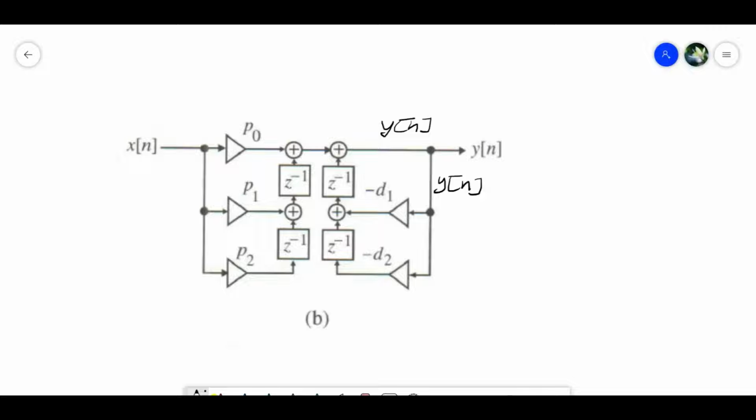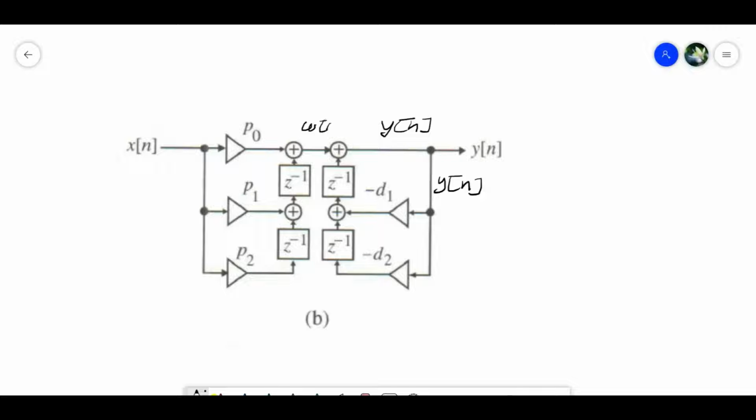But by definition, this summing junction is the summation of the signal and the signal at this side. But this one, we don't know what the signal is, because we just know it comes from this summing junction and goes into this summing junction. So we have to give it a name.